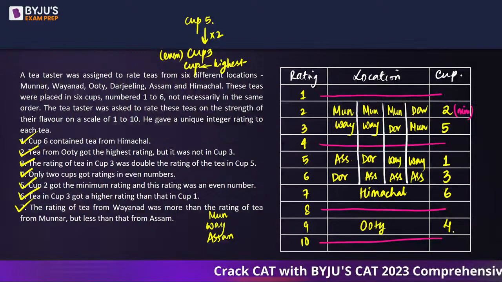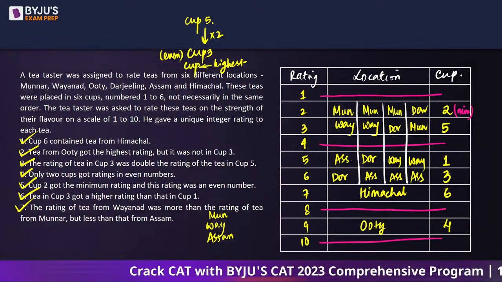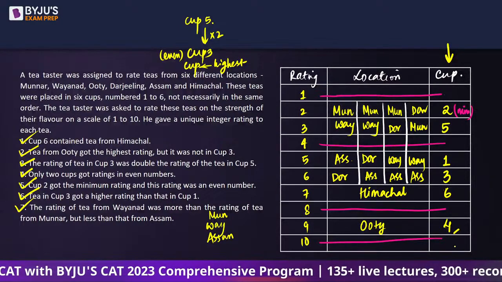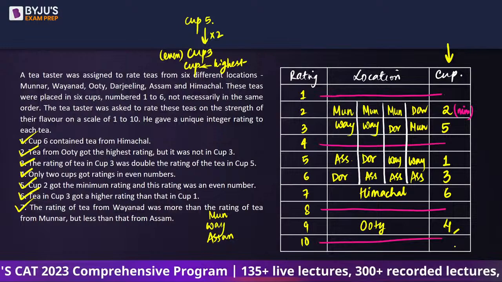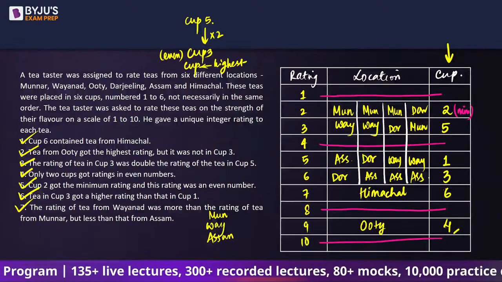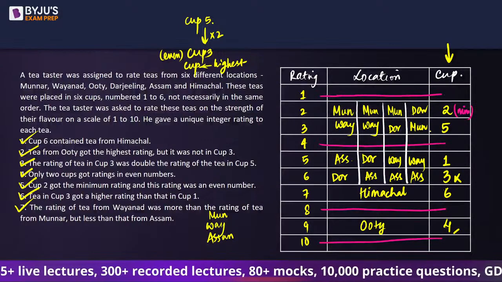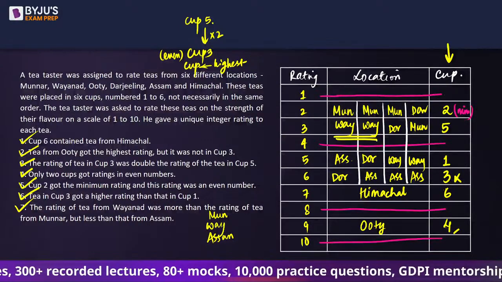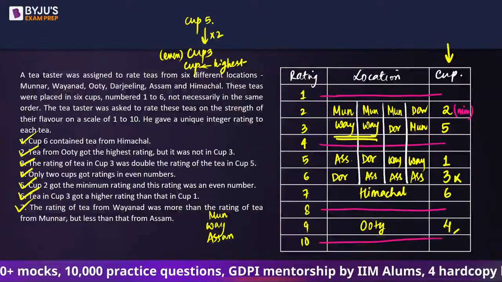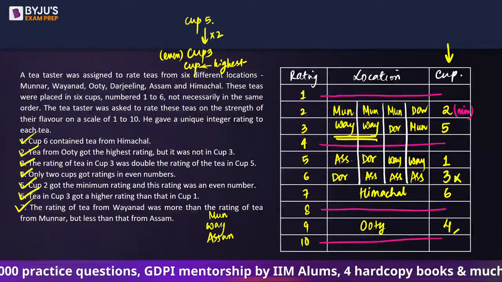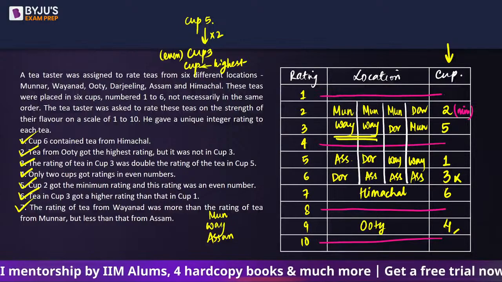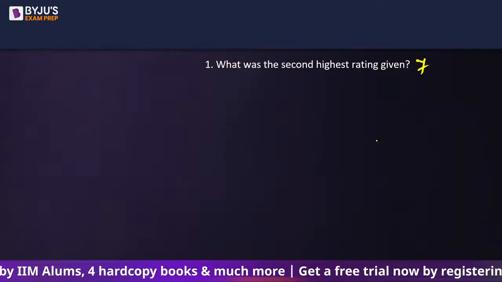Now Ooty is 4, the cup number is the last column, right? So Ooty's cup number is 4, and if you want Wayanad's cup number to be consecutive with Ooty's cup number, it's going to be either 3 or 5. Now at 3 we do not have any Wayanad, at 5 we do have Wayanad, so we have got these 2 possibilities, right? In both of these cases, Munnar, Wayanad is the second and third rating, and 5th and 6th go to Assam and Darjeeling in some order.